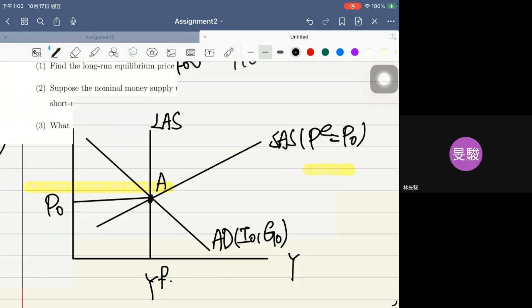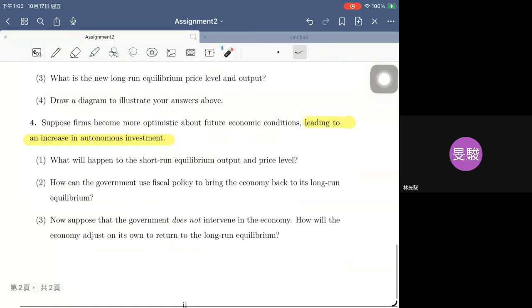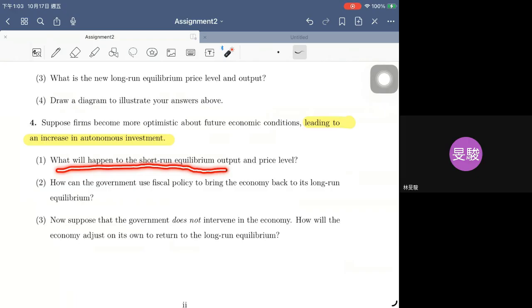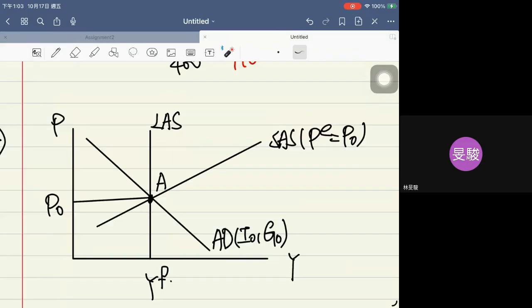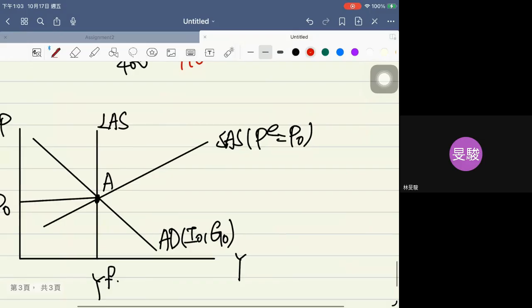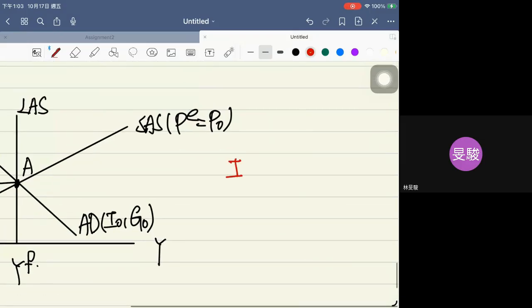Question one, what will happen to the short run equilibrium? It leads to the increase in autonomous investment. So this scenario means that I goes from I0 to I1, I increases.